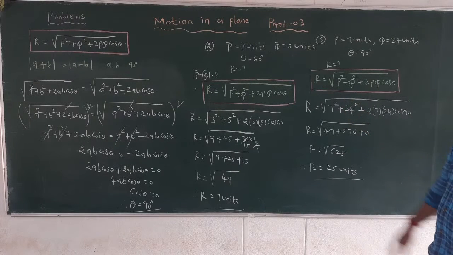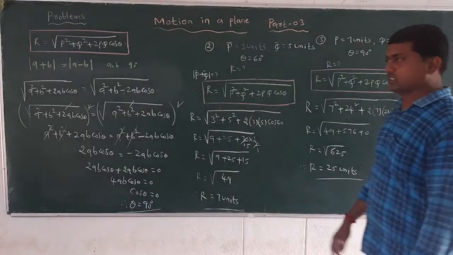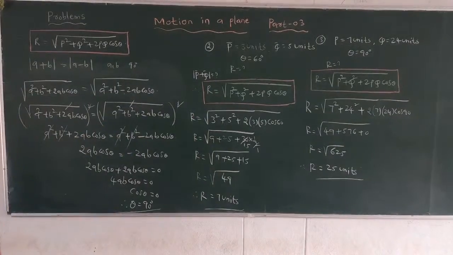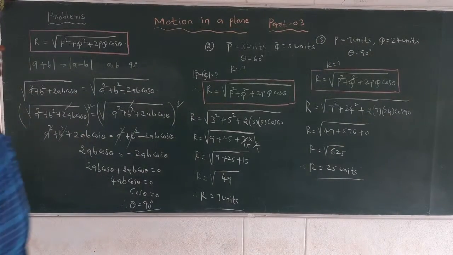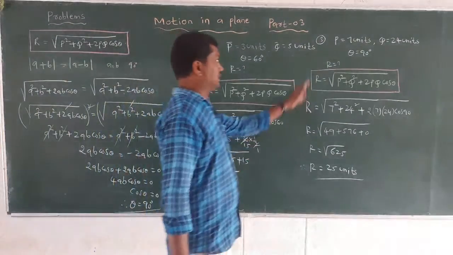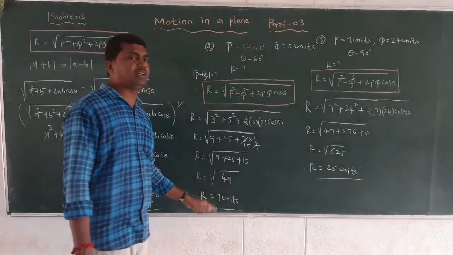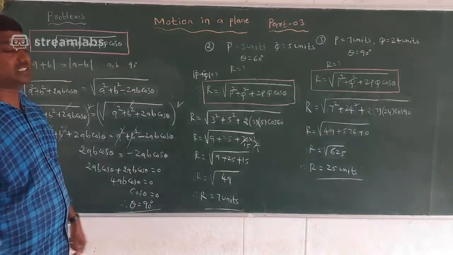The third question: if two vectors have 7 units and 24 units, and they are mutually perpendicular, then find the magnitude of the resultant vector.